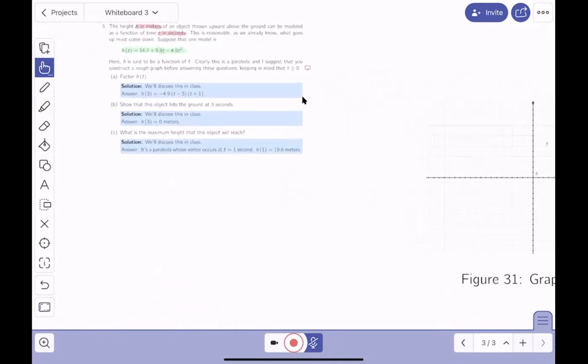All right, so let's write this down. h equals, well, I'm going to try to factor that. And this might seem crazy to you. I'm actually going to factor out 4.9, because I want to graph it. So what times 4.9 will give 14.7?